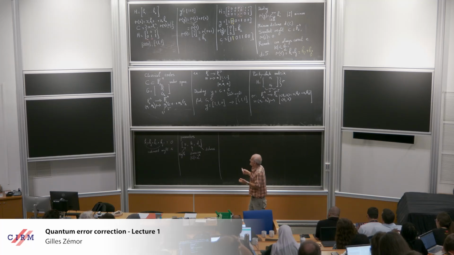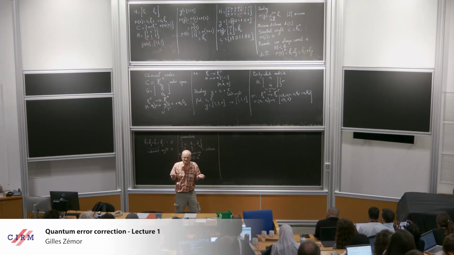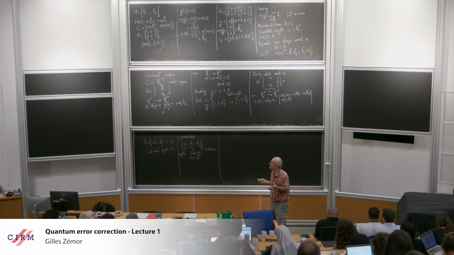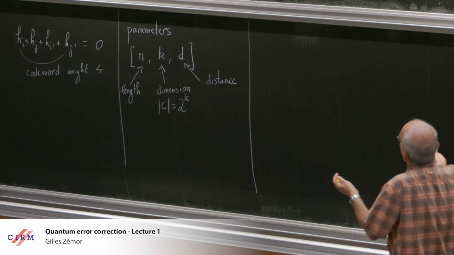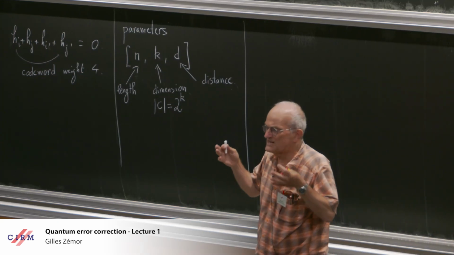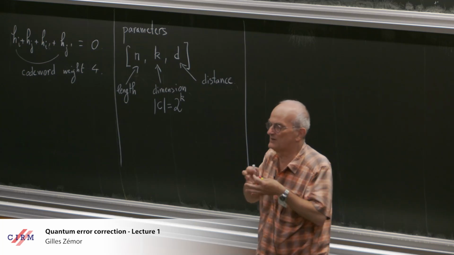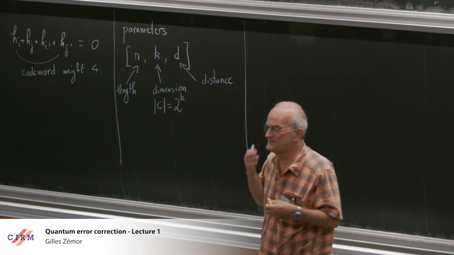If you want to correct 10 errors, you realize you're going to have an algorithmic problem. What do you do? If you do brute force exhaustive search, you're going to look for all possible n choose 10 ways of choosing a vector of weight 10.